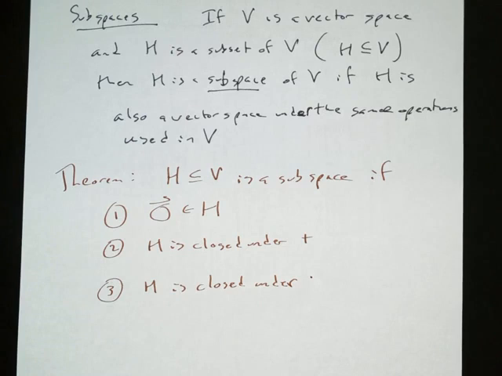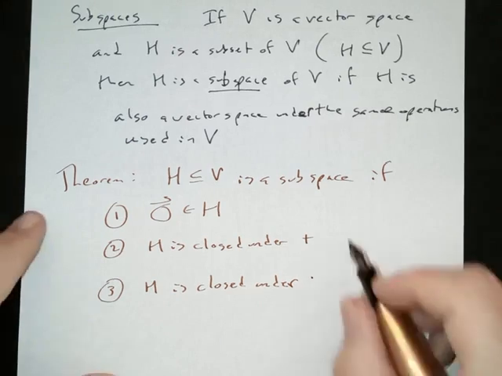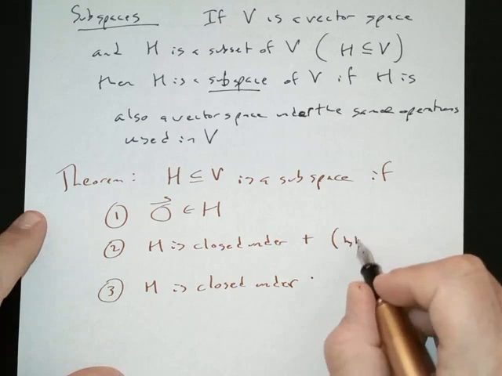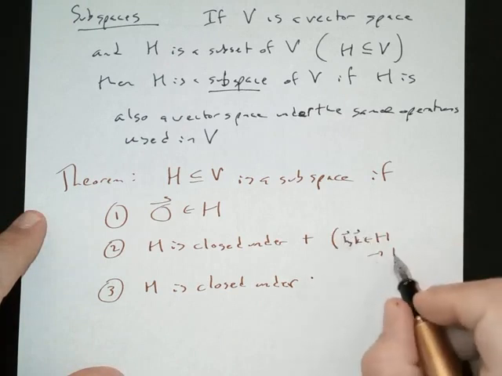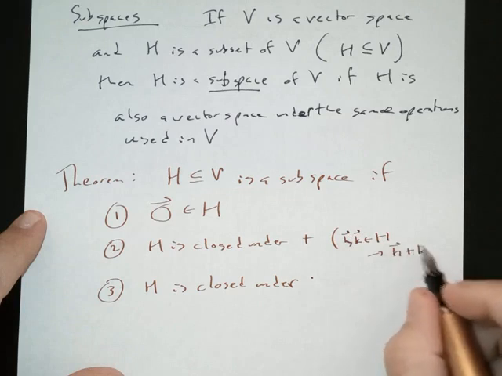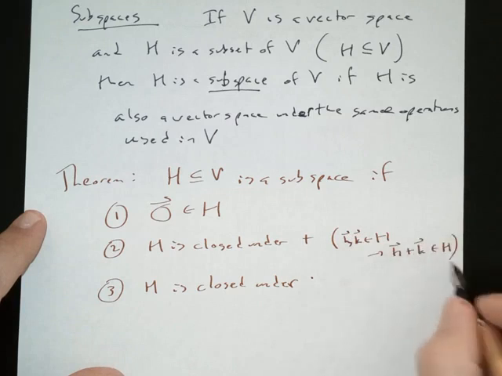All right, wait a minute. To be closed means if I have two things in the space, then their sum is in the space.